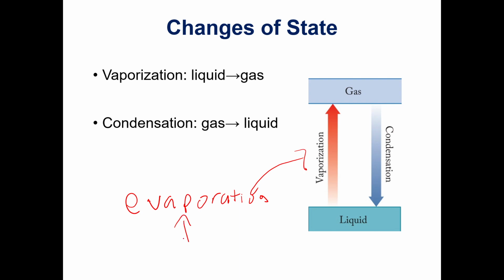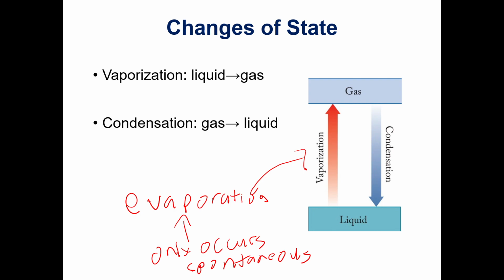Evaporation is something that only occurs if it's spontaneous. For example, if I leave a cup of water sitting on a table, eventually some of it's going to evaporate if I leave it there for a few hours or a few days. That occurs spontaneously at room temperature.